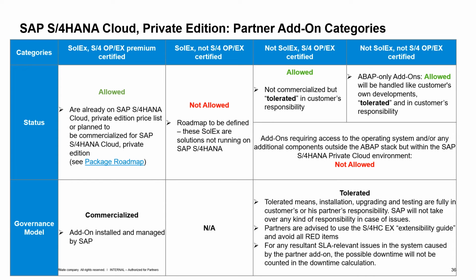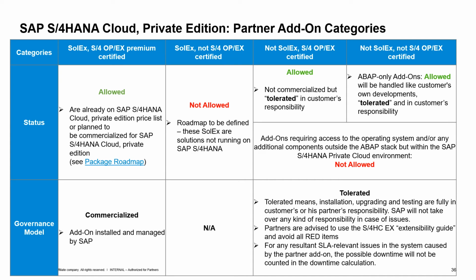Partners are advised to use the Extended Edition Extensibility Guide. And if you're a partner that has been working with either selling or providing implementation services for Extended Edition, and by the way, the sell authorization herein also includes the Extended Edition, we strongly recommend that you work with the Extensibility Guide and avoid all items in red.